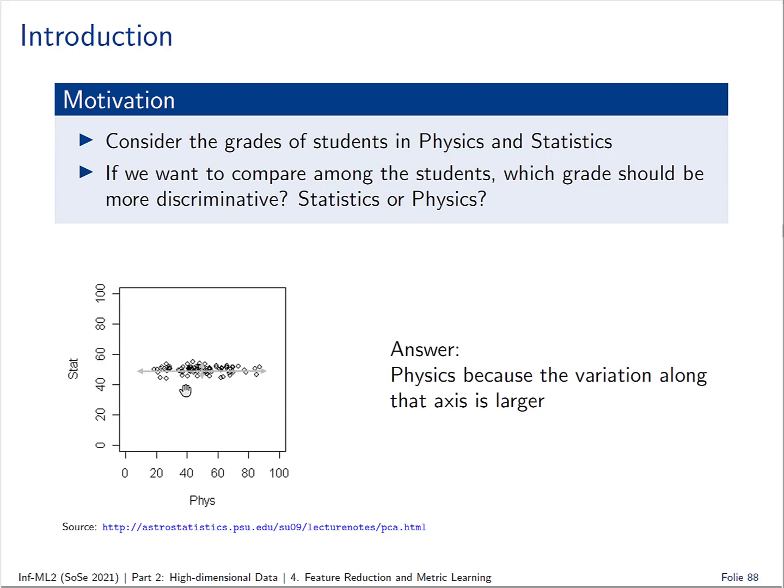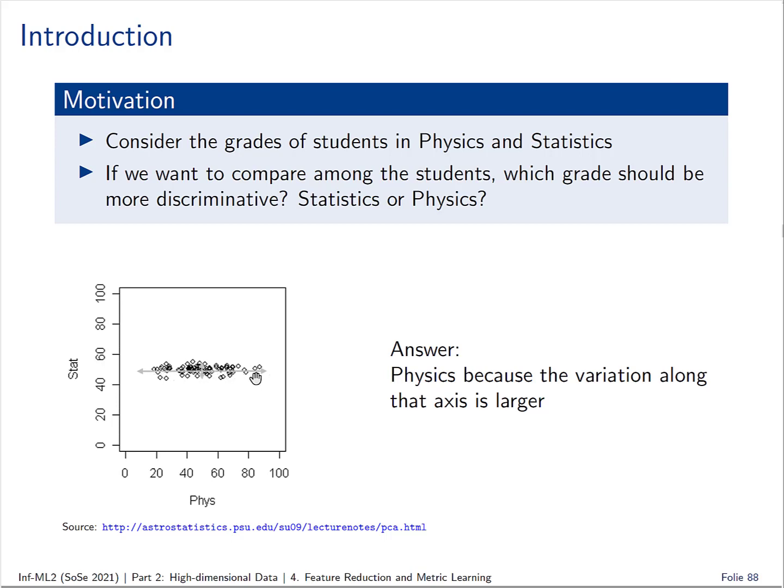If you have a closer look at the scale here, we see that the variance in statistics is very small, so it's not really significant to say those guys here are the best ones and those are the worst ones, because the grades are so similar. It probably doesn't make sense to do that. But in physics, the picture is completely different.